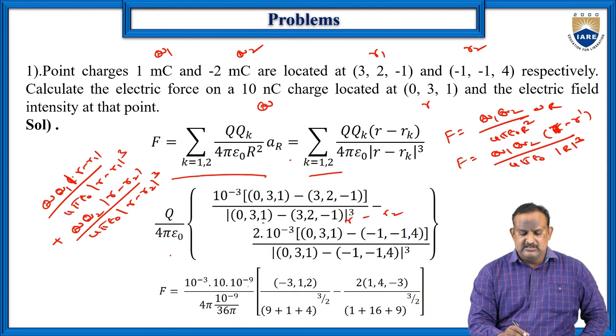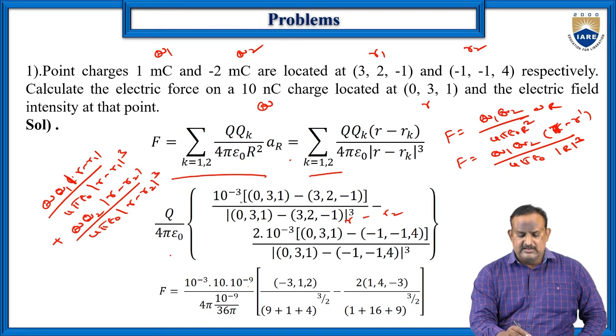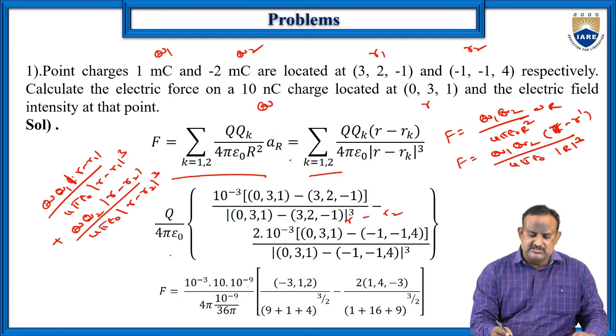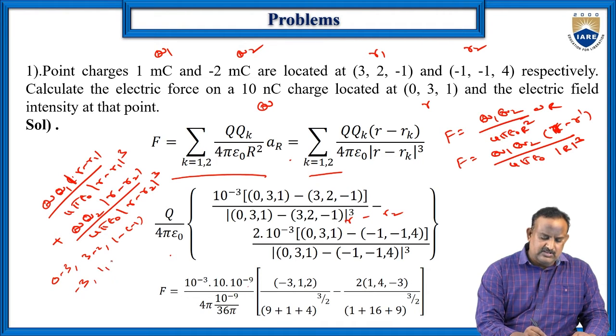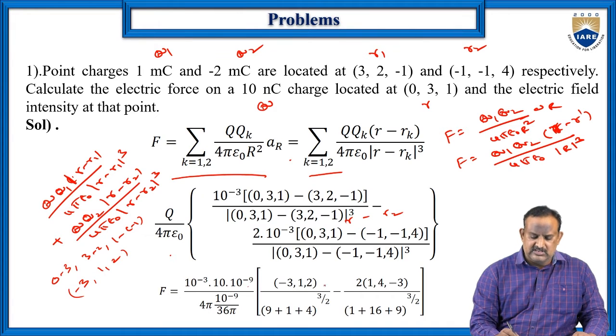Taking 10 power minus 3 common, we have 10 power minus 3 into 10 into 10 power minus 9 by 4 pi epsilon naught, where epsilon naught is 10 power minus 9 by 36 pi. If we find the first distance, it is 0 minus 3, 3 minus 2, 1 minus of minus 1, therefore (-3, 1, 2).